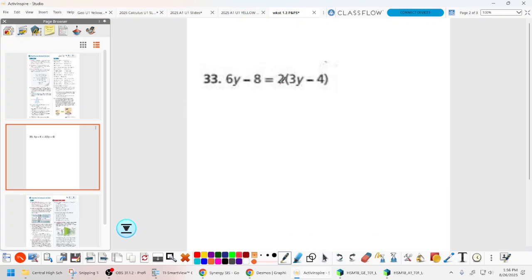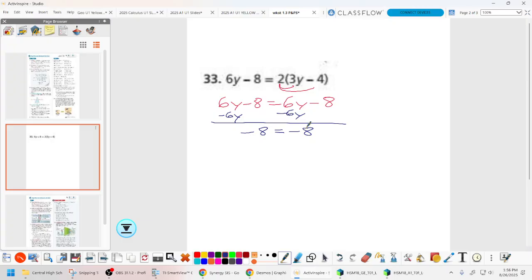Okay, so let's go ahead and distribute, and we get 6y minus 8. And so if we subtract our y's, which is where I would recommend that you start, we get -8 equals -8. And so that's always true. It doesn't ever depend on x, well in this case y.